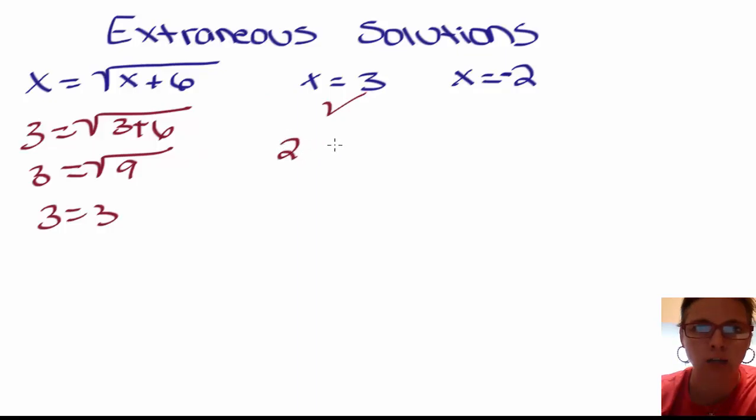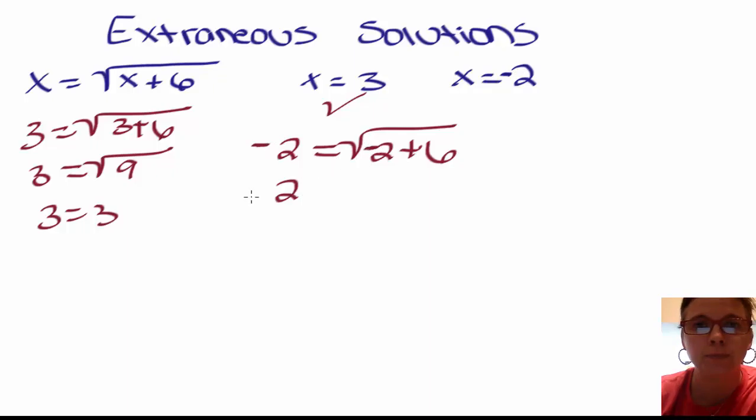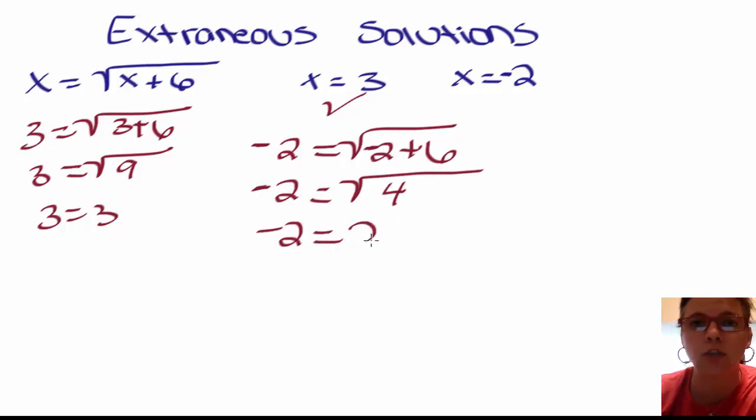Then you put the negative 2 in. I'm sorry, this is a negative 2, I just noticed. Negative 2 equals the square root of negative 2 plus 6. Negative 2 equals the square root of 4. Negative 2 equals 2.